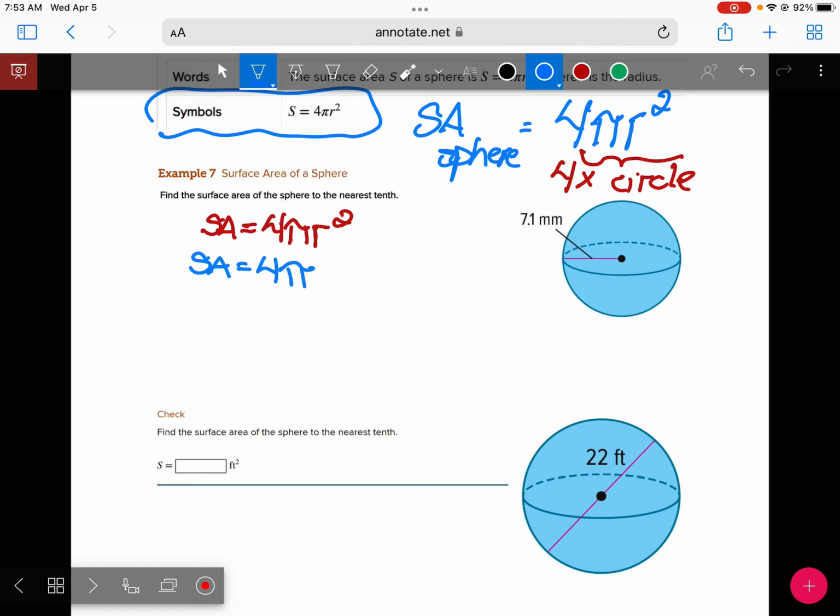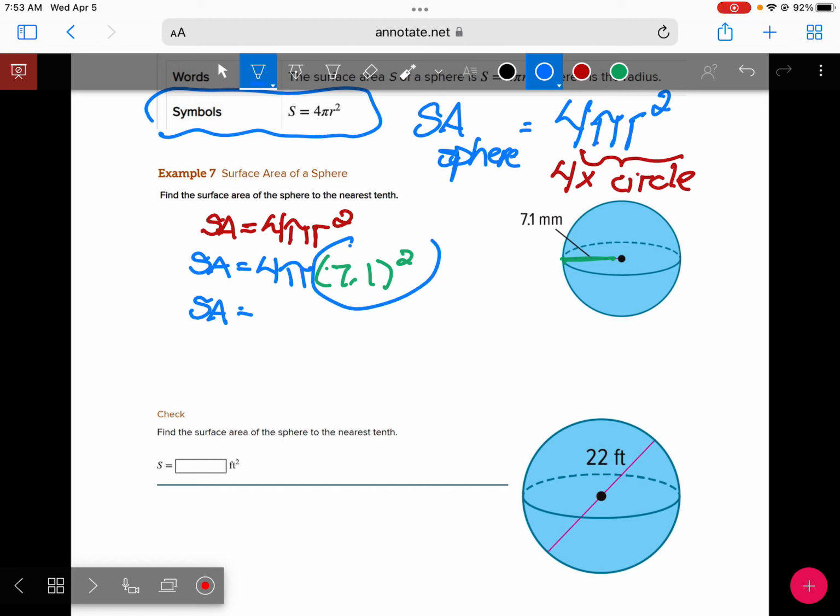My radius here is 7.1 squared. So surface area is equal to, and I would just multiply those together. 4 times pi times 7.1 squared.